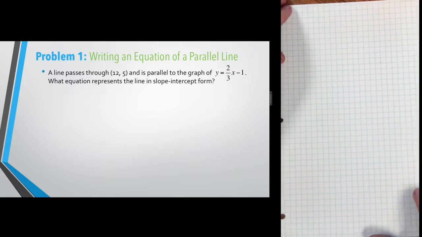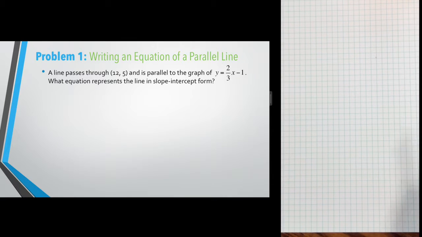Writing an equation of a parallel line. So listen carefully and read this. A line passes through (12, 5), that's a point, and it's parallel to the graph of y equals 2/3 x minus 1. What equation represents the line in slope-intercept form?